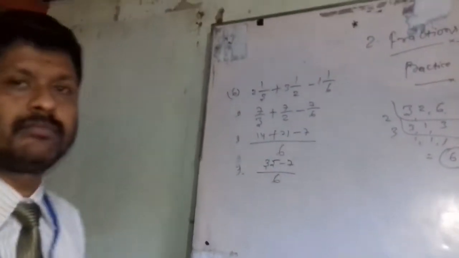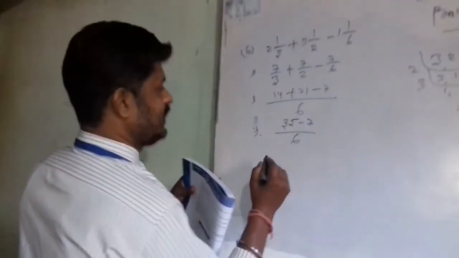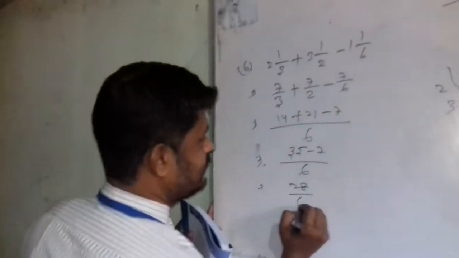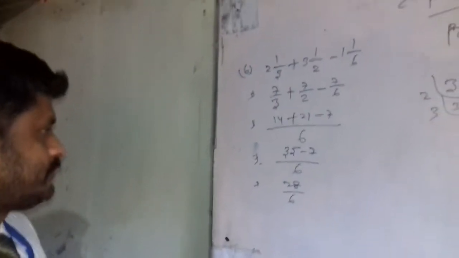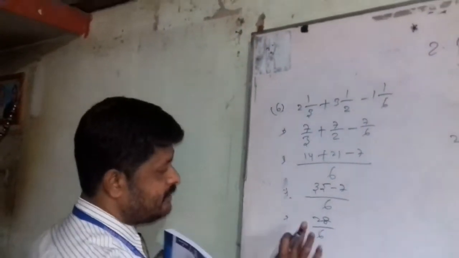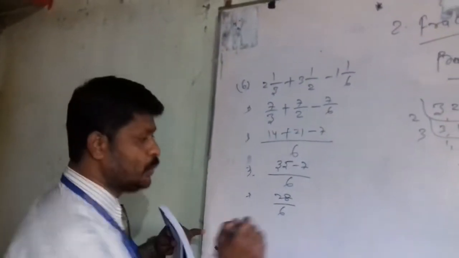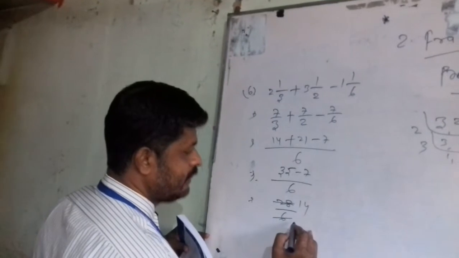Now we have to subtract 7 from 35, and this is 28 by 6. We see that these two can be divided by 2, so 14 by 3.